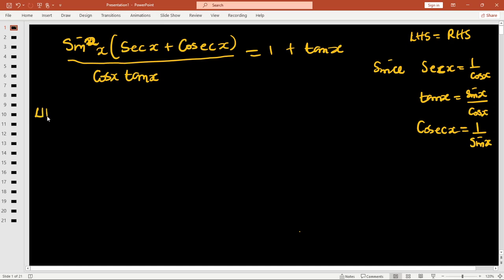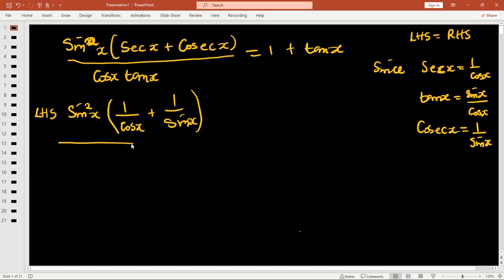So here the left hand side, so here we have sin squared x, open brackets, 1 over cos x plus 1 over sin x, like this.